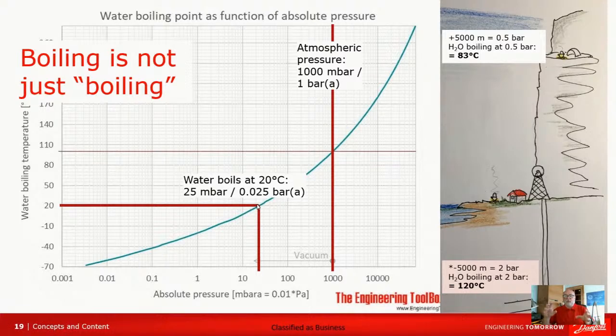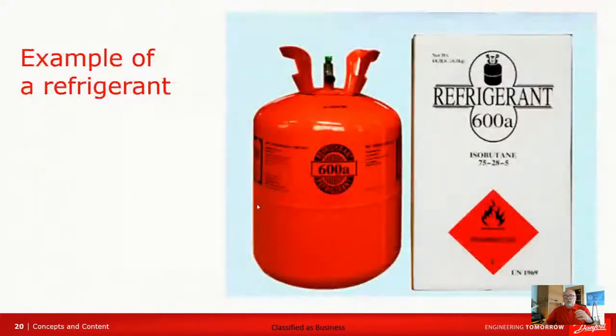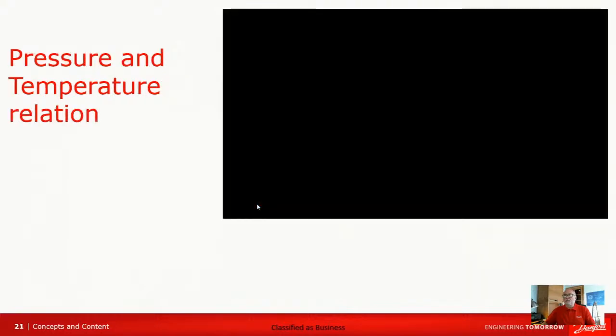Now, so far we've been talking about water, but what if we could find something which would boil at atmospheric pressure somehow? And that is actually the case with something called butane or isobutane. It boils at minus 12 degrees Celsius at 1 bar.